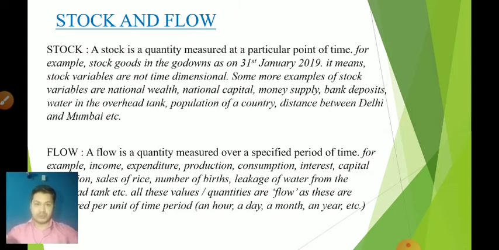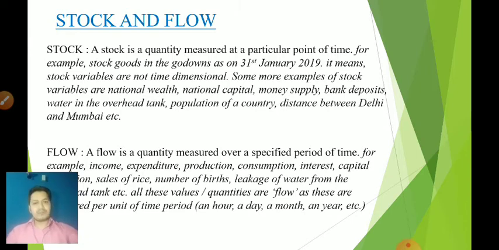When you state your bank deposits on 31st January, or on 17th July, you are measuring your deposit at a particular point of time. So this is known as the stock concept. Similarly, the distance between Delhi and Mumbai is also a stock concept.